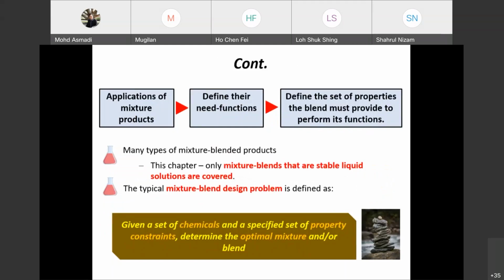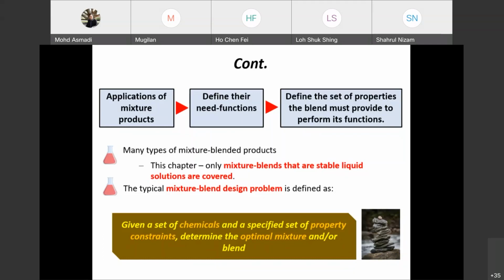For this chapter, only mixture blends that are stable liquid solutions. Later, I'm not sure whether in part 3 or part 4, we will design mixture blends from different functional groups that can replace some certain compound. So this is a typical mixture blend design problem.